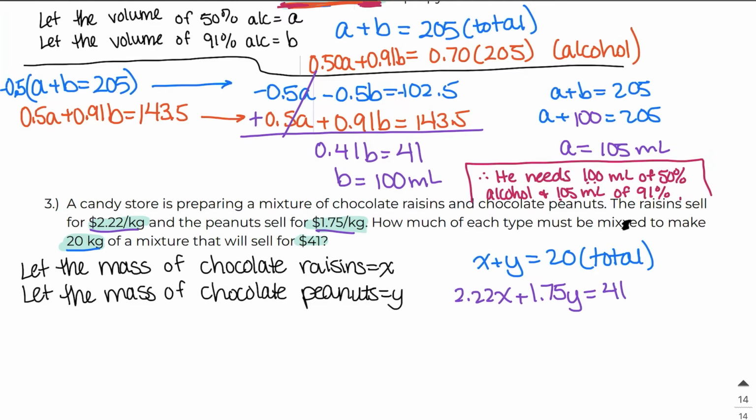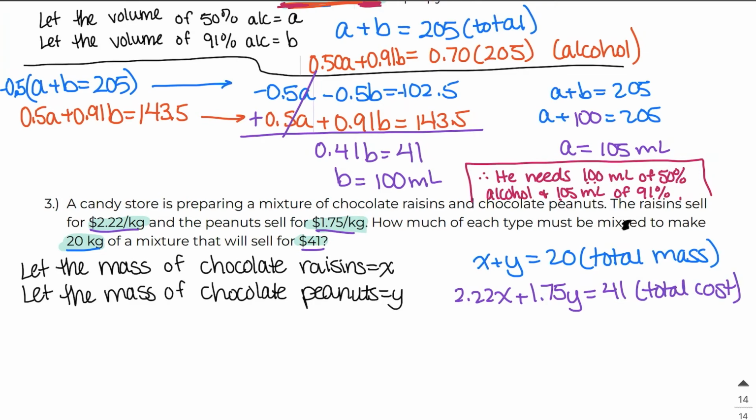I don't multiply 41 by 20 kilograms because this is not $41 per kilogram. This is the total amount that you're going to pay after you pay per kilogram for each type of candy. And right here, I'm just going to add on that this is the total mass, and this is the total cost.